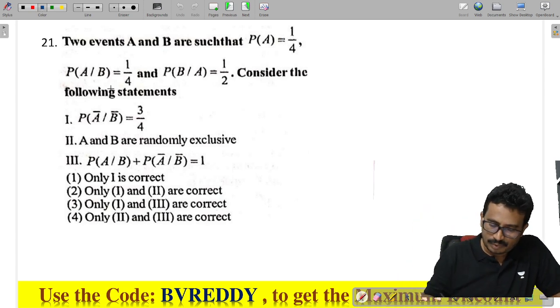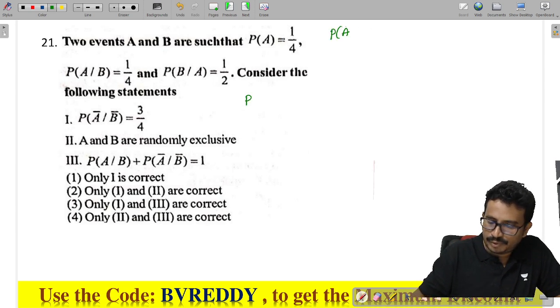Okay. Now from this you can see they gave P of A as 1 by 4, and P of A given B is also given as 1 by 4.